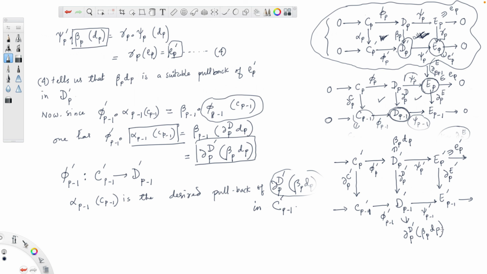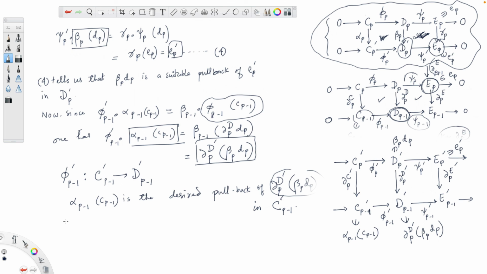And then we figured out the pullback of this in C prime_{p-1}, which is alpha_{p-1} of c_{p-1}.